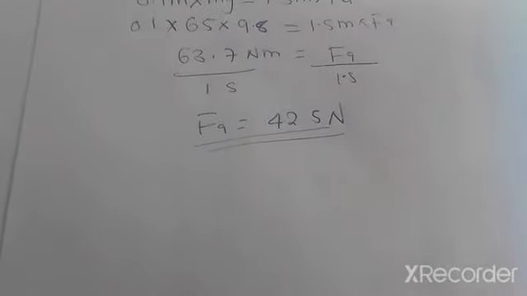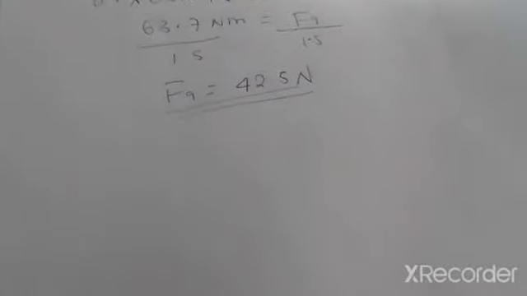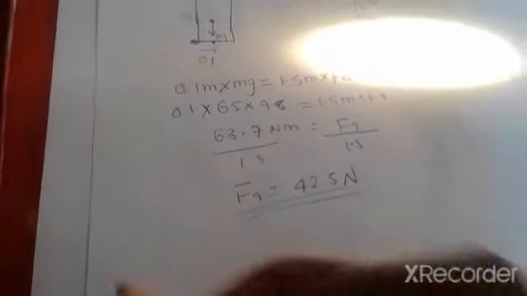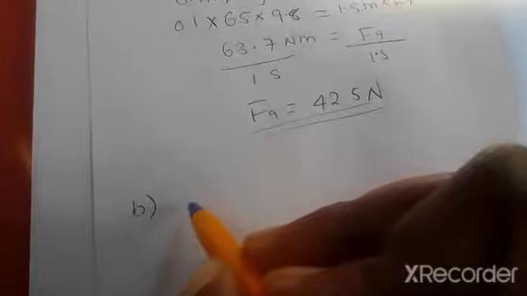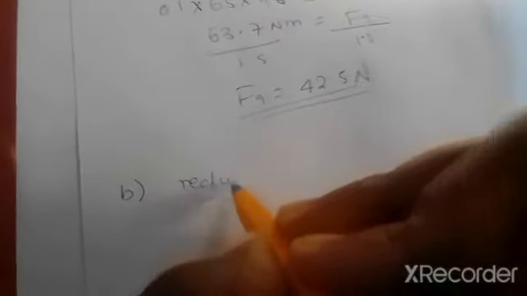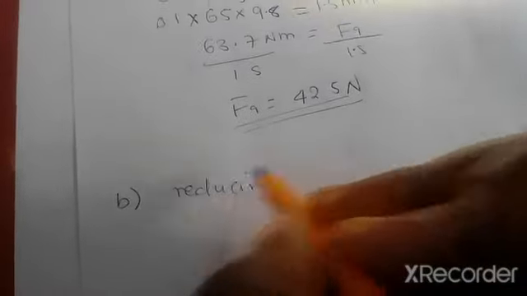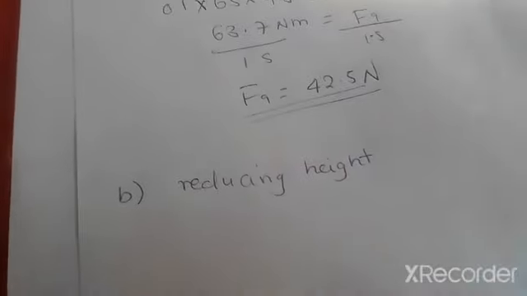Part B asks us to explain why the stability against a toppling force is increased by spreading the legs. Now with part B, if you go back to high school, we learned that the stability of an object is increased by reducing the height, and this is not just with human beings but with every object.